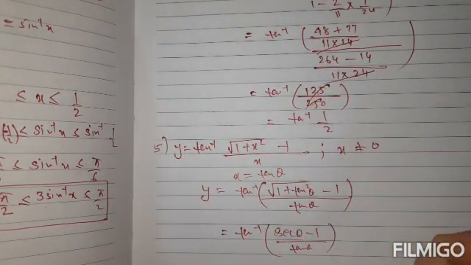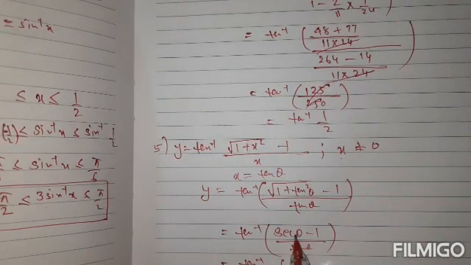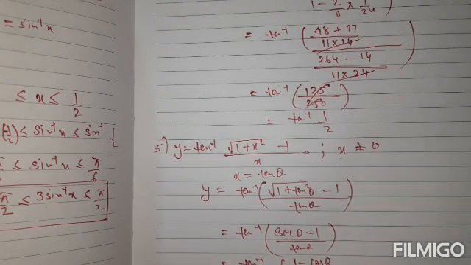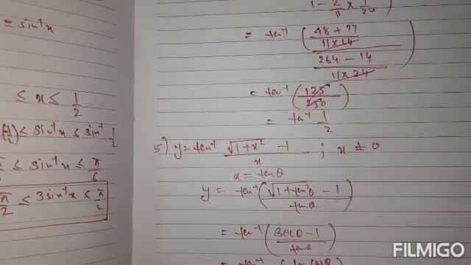We need to simplify it further. So expressing sec theta as 1 upon cos theta and tan theta as sin theta by cos theta, converting into sin and cos, we will get 1 minus cos theta upon sin theta.